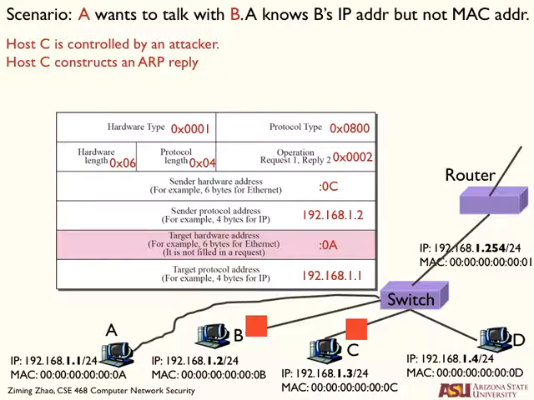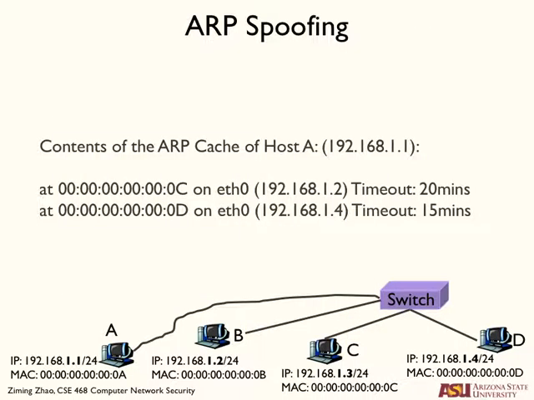It will put the sender's physical address as C's MAC address, but the IP address as B's IP address. So host C is trying to impersonate host B, taking host B's identity, which is the IP address. The target hardware address is A's MAC address, and the target protocol address is A's IP address. C will send this message to A, wrapped with host A's MAC address as the destination address. Host B and host D do not even know this attack is happening.